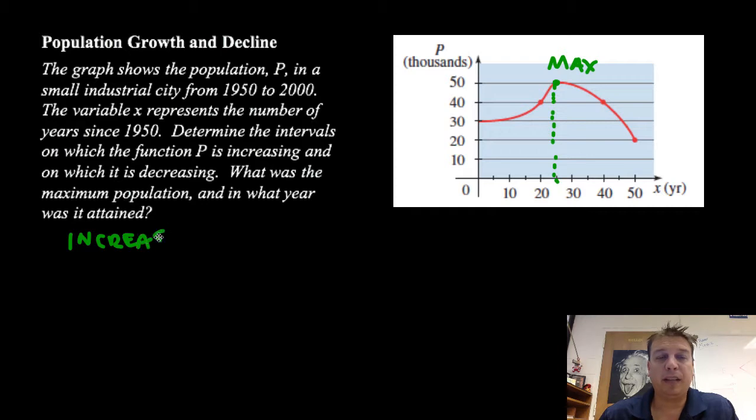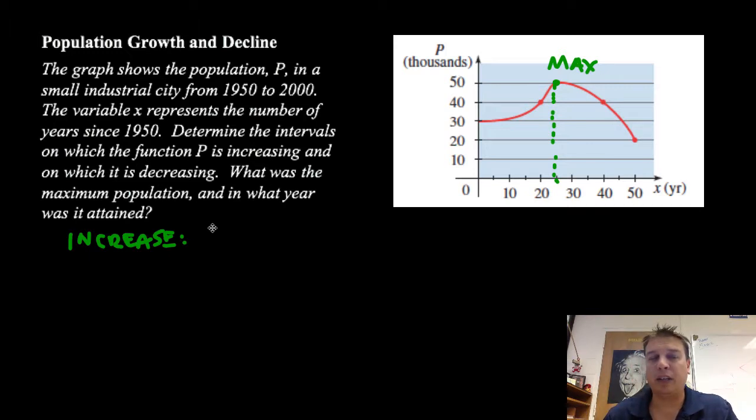And this is when it's actually an applicable scenario for any of the mathematics that we're doing in pre-calculus. You need to have the actual representations of when this would be useful. So looking at the increase, the population of this industrial city was increasing from 1950 to, let's see, that would be 1975.